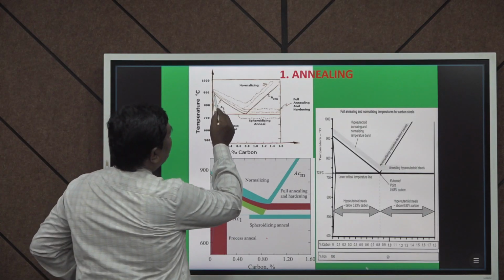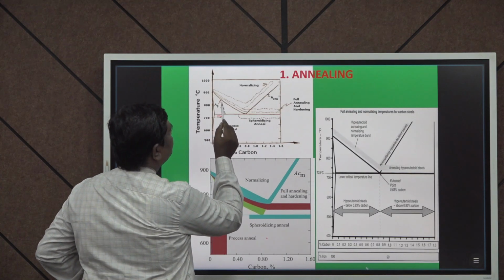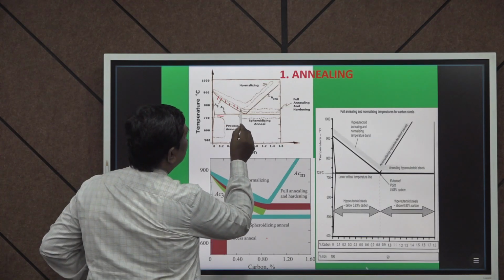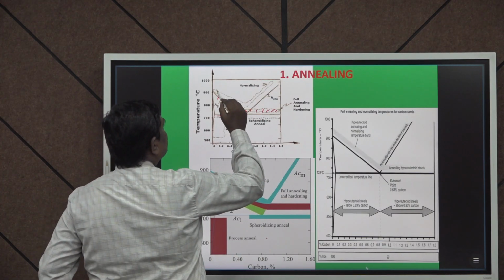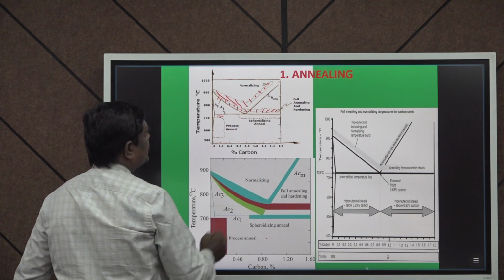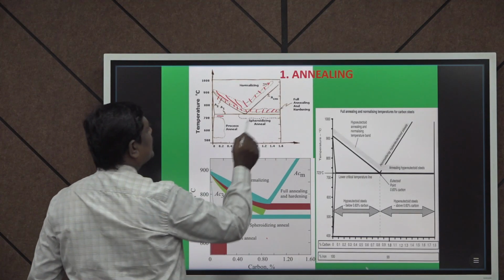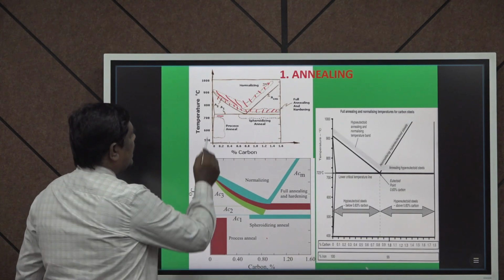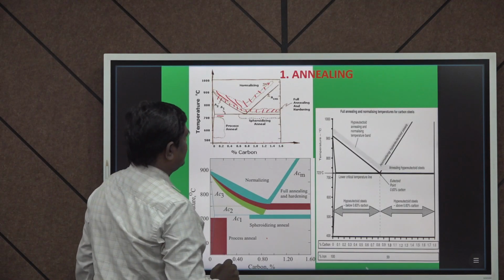This is the place where the full annealing process occurs. Above this place is normalizing, and spheroidal annealing happens just below the lower critical temperature A1, and this is the place where process annealing takes place.